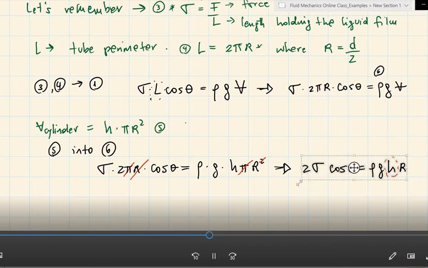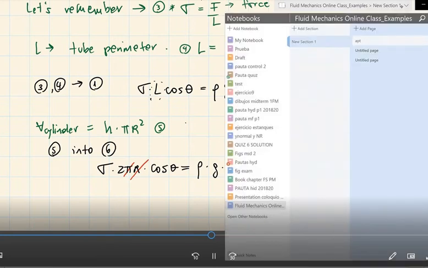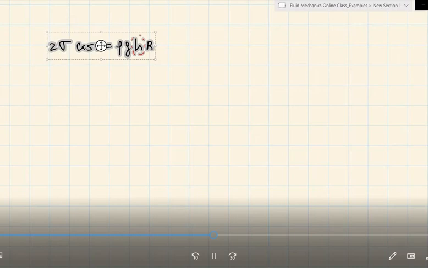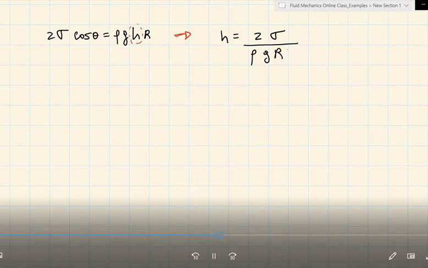Let me copy this equation to go to the next page. Okay, let's paste this equation. So, if we solve for h, h is equal to 2 sigma divided by rho g r, times cosine of theta.